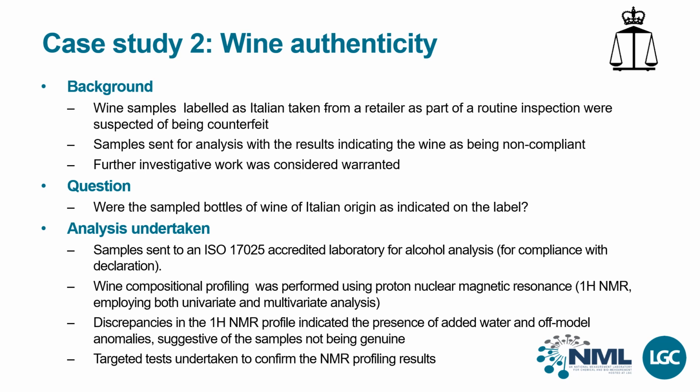Discrepancies in the sample's 1H-NMR profiles indicated the presence of added water and off-model anomalies, suggestive of these samples not being genuine. Targeted tests undertaken to confirm the NMR profiling results confirmed the findings, warranting further investigation.